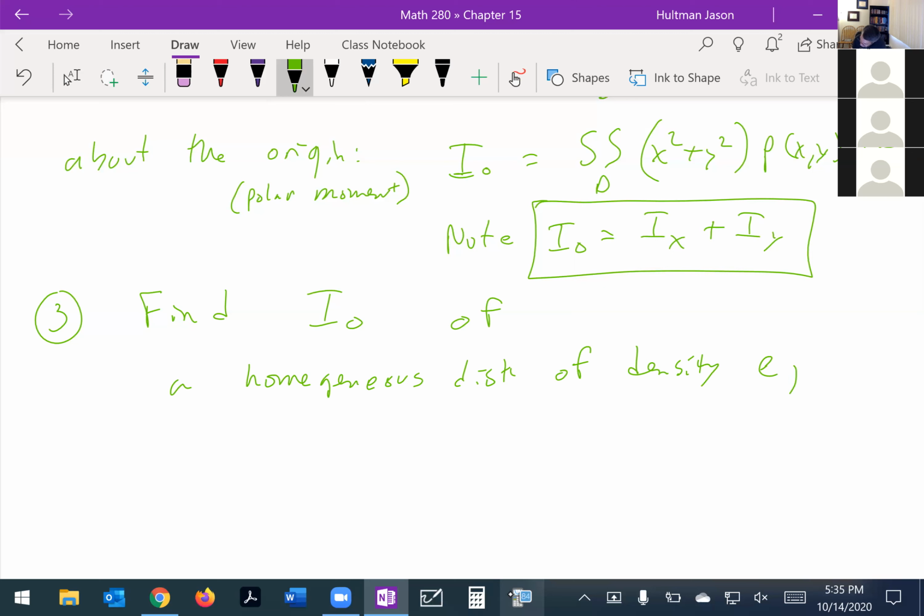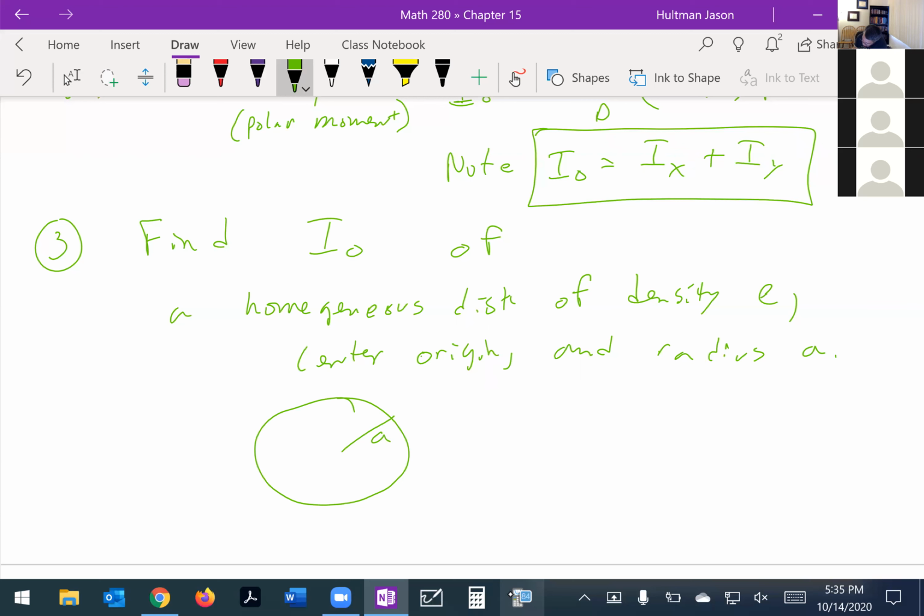Center the origin and radius A. So it's a homogeneous disk of radius A. And this disk has a homogeneous density. It just means that the density at any point is the same as any other point.